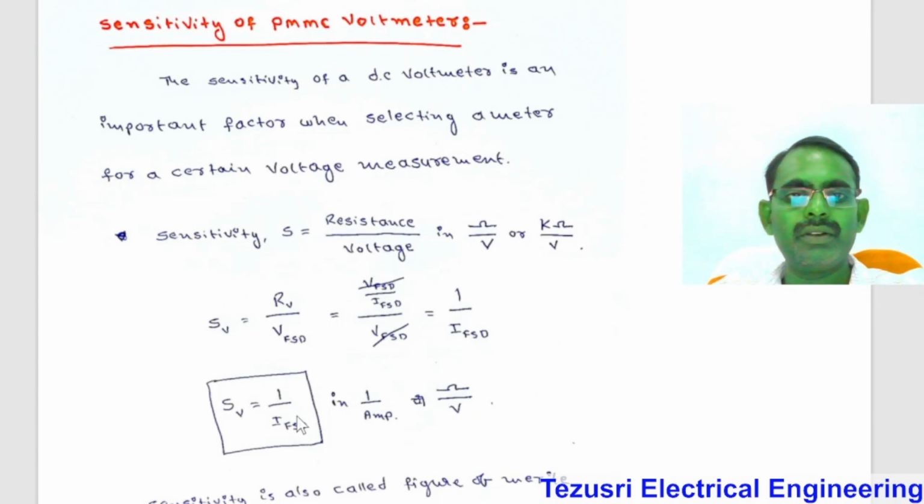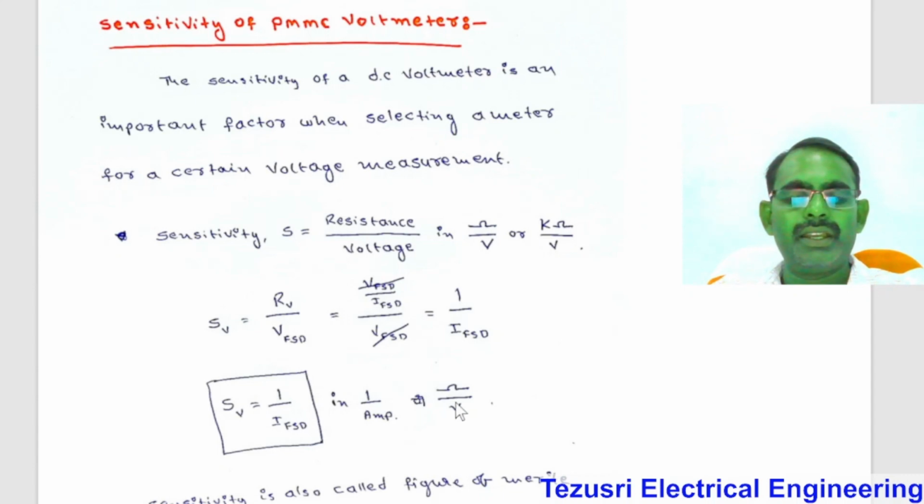Here RV is nothing but the full scale deflection voltage of the instrument divided by the full scale deflection current of the instrument. Therefore, it is written as 1 by full scale deflection current. The voltage sensitivity is nothing but the reciprocal of the full scale deflection current of a voltmeter.